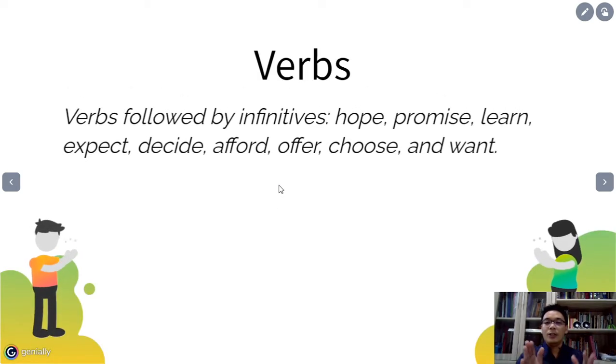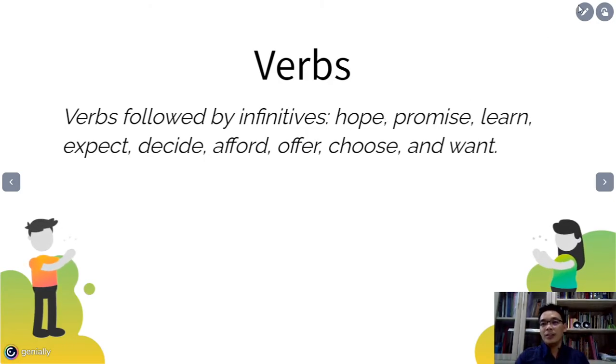So the to infinitives do not change. These are the verbs that are followed by to infinitives. So we say hope to do something, promise to do something, learn to do something, until want to do something.